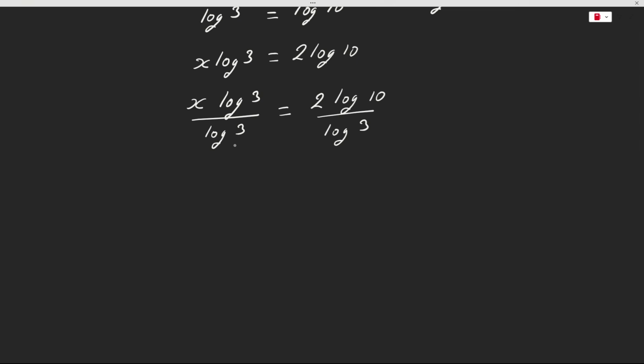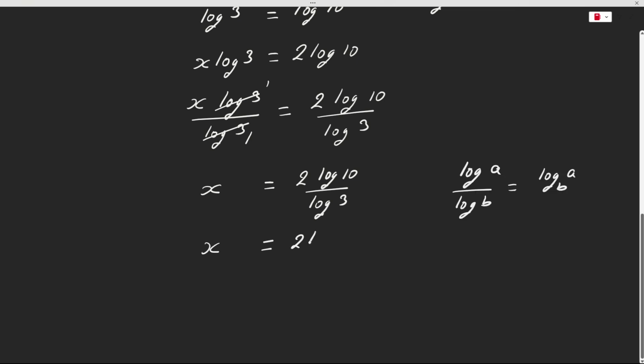Here and here log of 3 will be reduced by log of 3 one time, here also one time. This equals x equals 2 log of 10 by log of 3. This equals x equals 2 log of 10 at base 3.